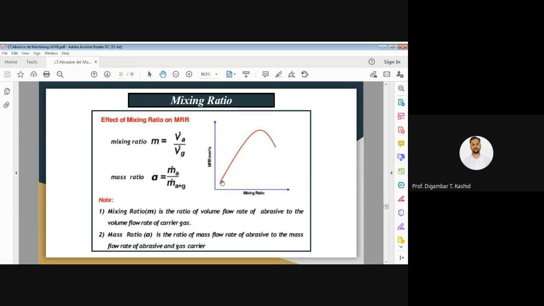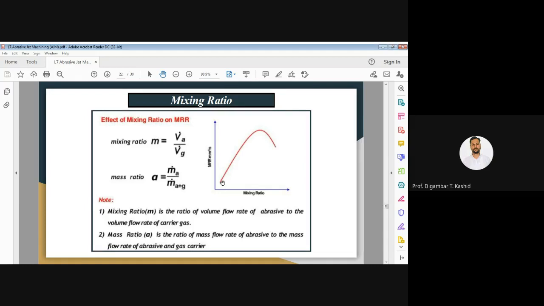So the effect of nozzle pressure on the volumetric material removal rate is not very high there. Once the critical pressure is achieved or exceeded, you get the kinetic energy, which is responsible for the erosion action.